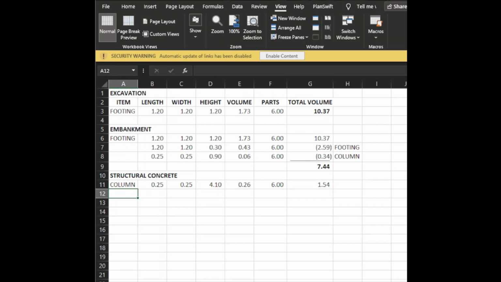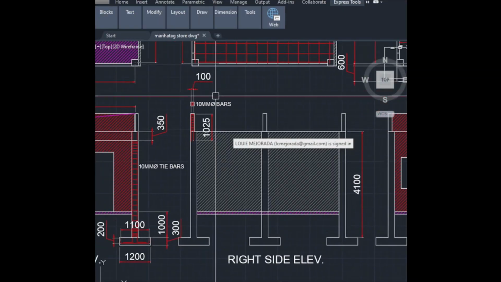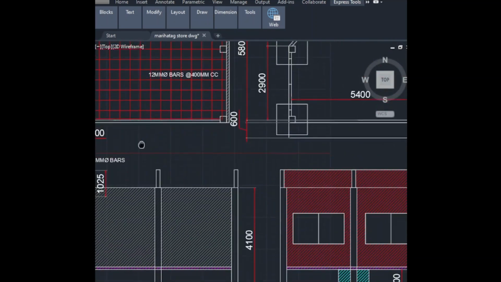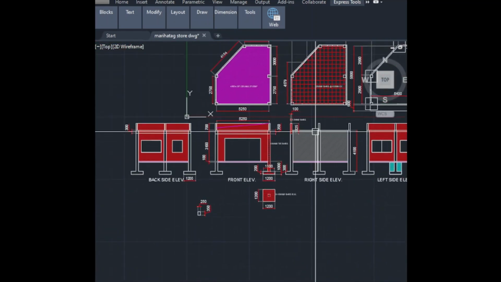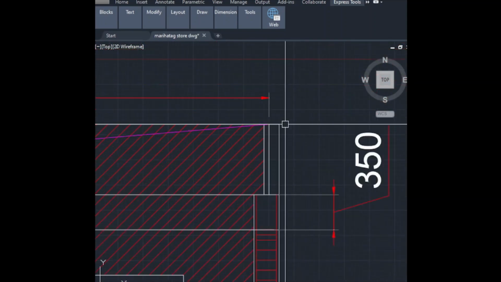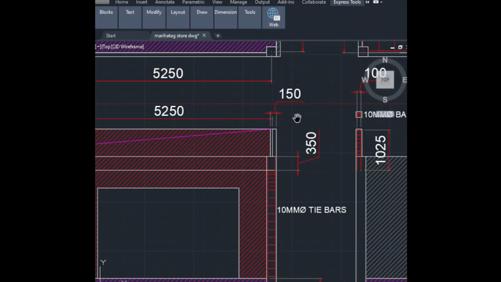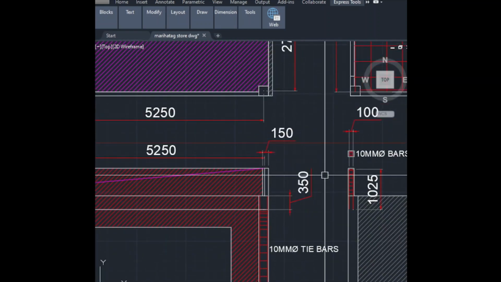Multiply the volume and the parts to 1.54. The next one is the small column in the parapet wall. The size of the parapet wall is 150 by 150. I think we have no dimension here, but if we use this one, it's 150 by 150.